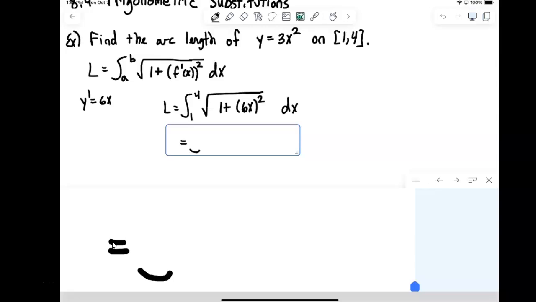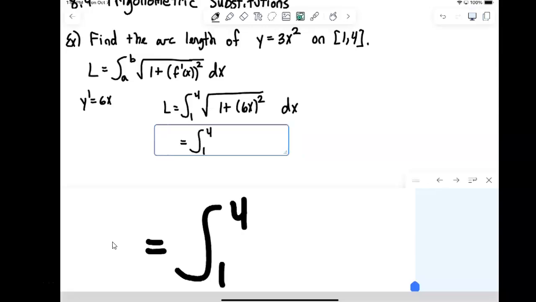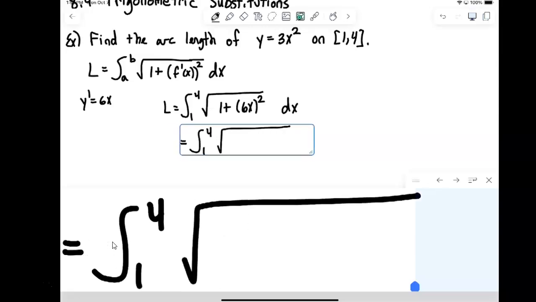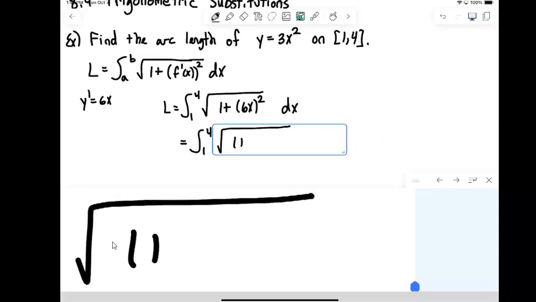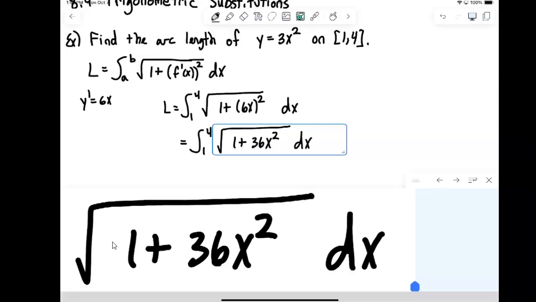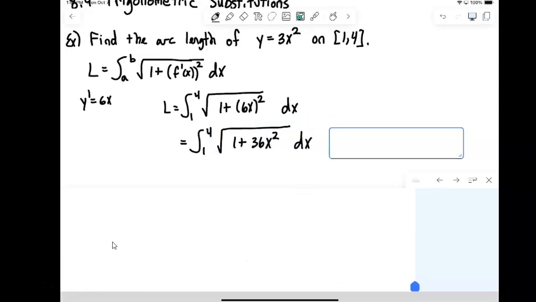And simplifying, we would get the integral from 1 to 4 of the square root of 1 plus 36x squared dx. And then this is where we run into a problem.